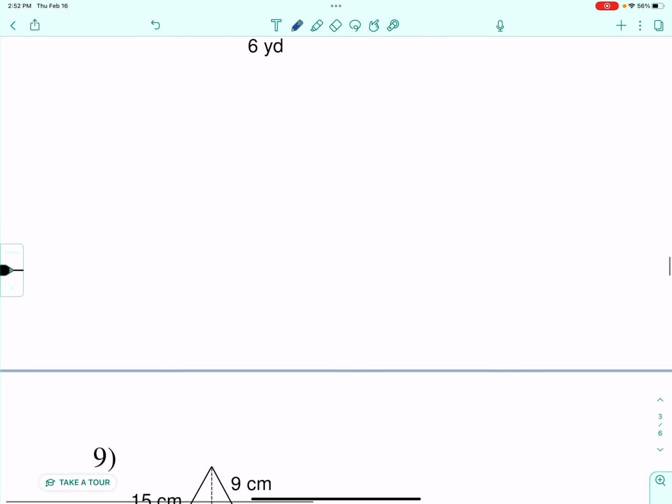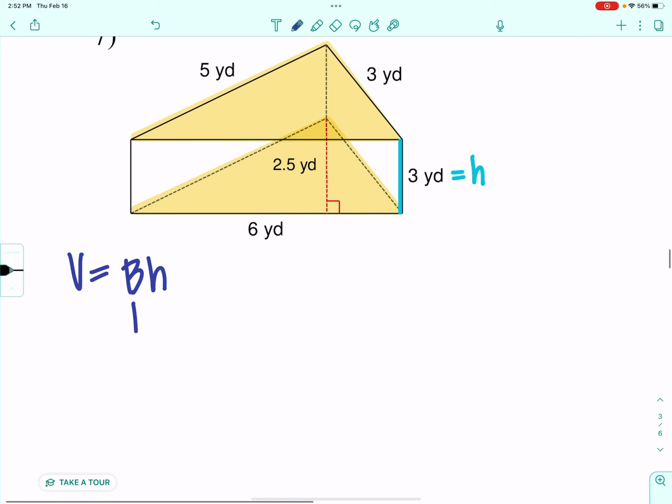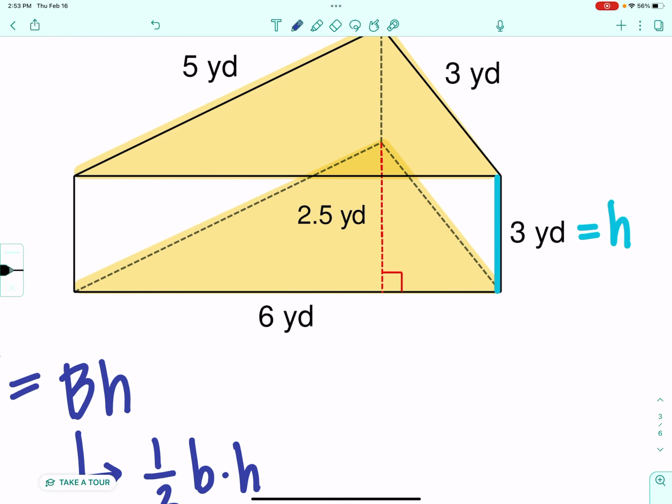Same formula. I think I'll work down below. I seem to have plenty of room. Big B. Well, my bases are triangles, so my big B needs to be the area of a triangle. That's 1/2 times the base of the triangle times the height of the triangle. I'm going to zoom in on my triangle a little bit.